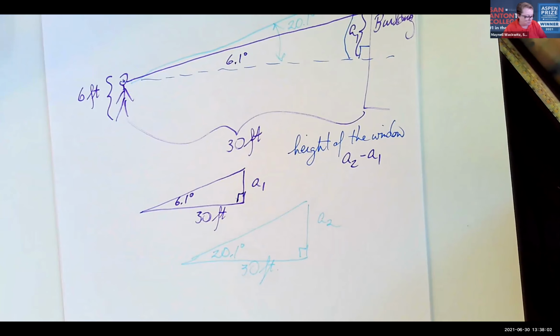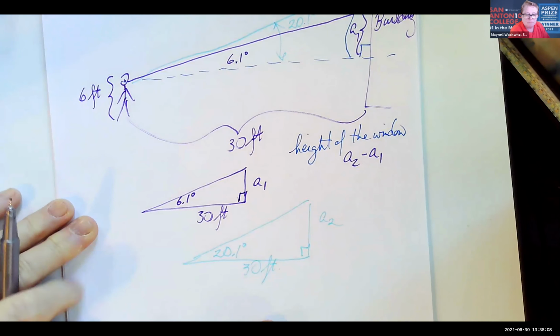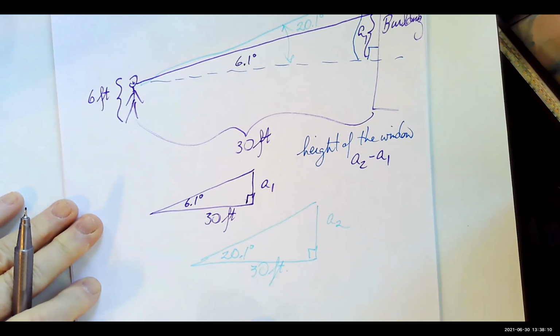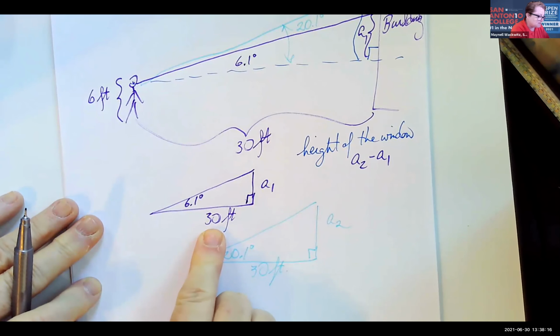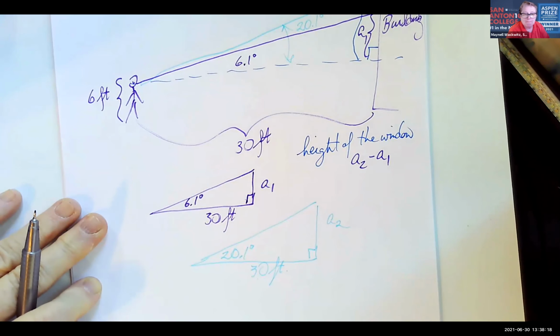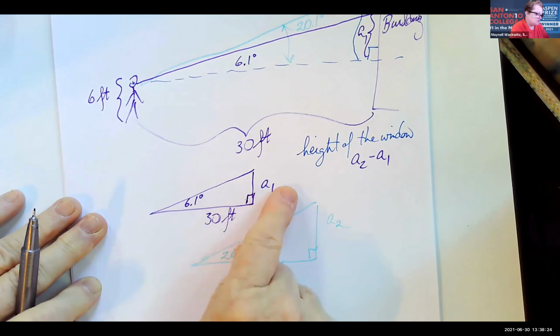All we have to figure out is which trig function we should use if we know the base and we're looking for the height. Sine gives us opposite, but does it use the adjacent or the hypotenuse? It uses opposite over hypotenuse. Yeah, we have opposite over adjacent.